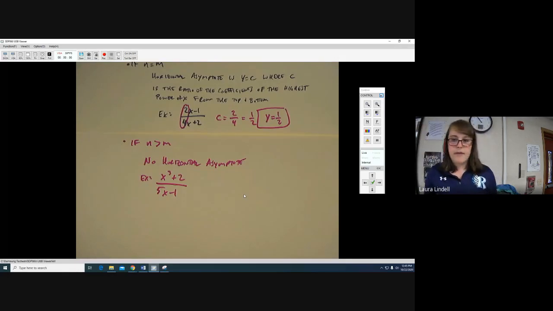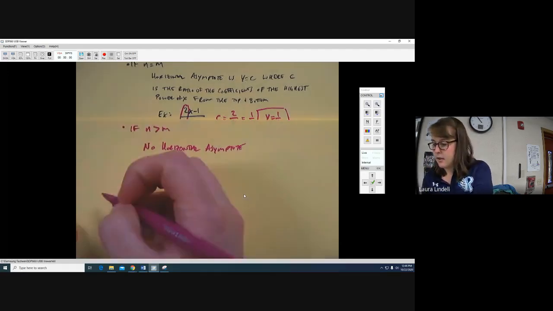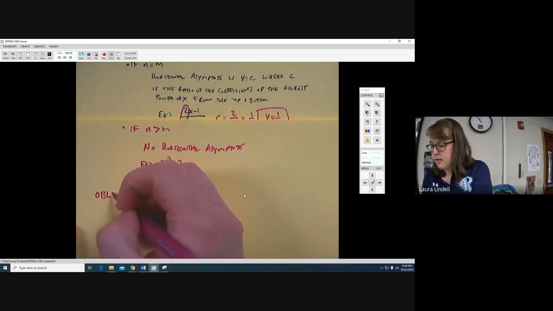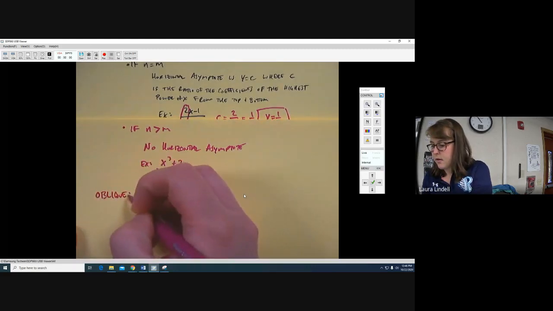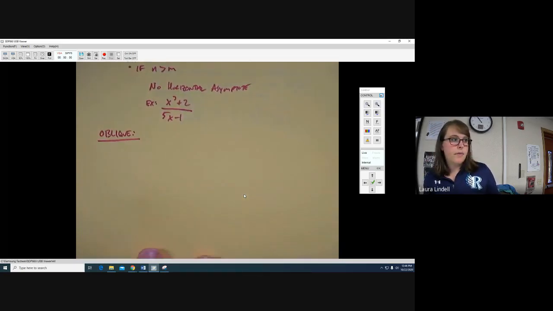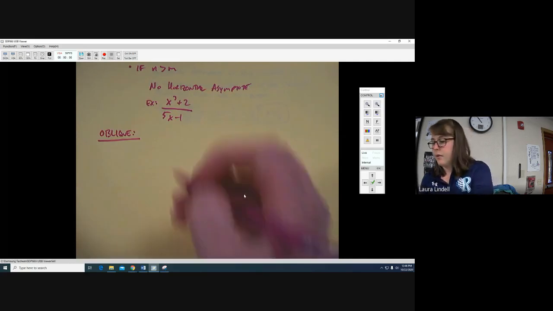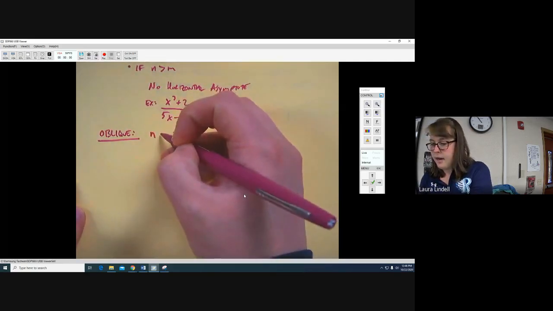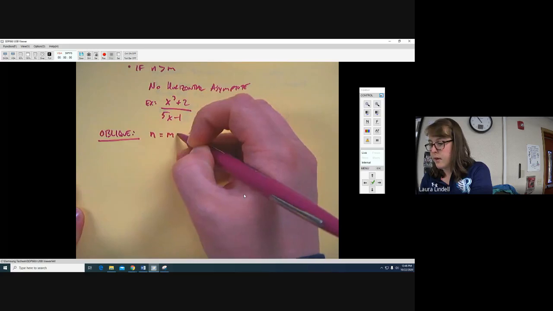The last kind of asymptote that we're going to find is something called an oblique asymptote, and that's where your asymptote is diagonal. Okay, so for an oblique asymptote to occur, the degree of the top has to be equal to the degree of the bottom plus 1.